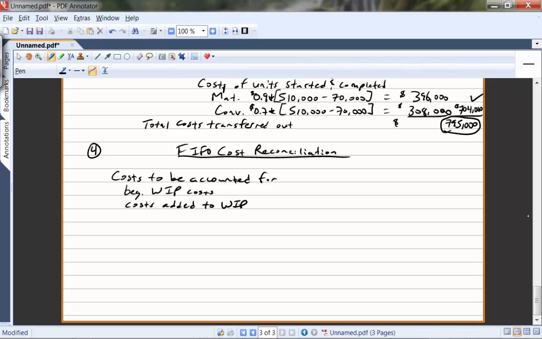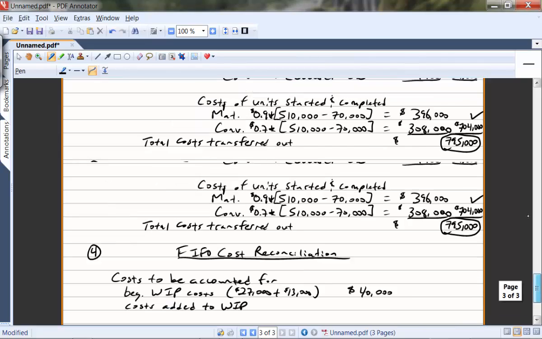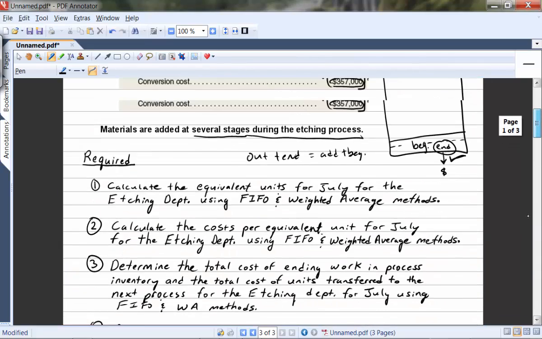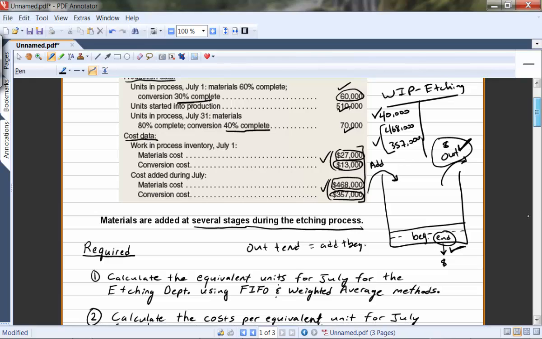The beginning WIP costs, there was 27,000 sitting there at the beginning for materials, 13,000 sitting there at the beginning for conversion. So the beginning WIP costs 40,000. They gave us that. Beginning WIP. There it is.